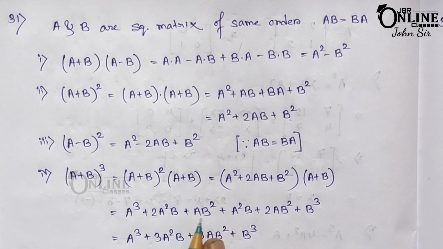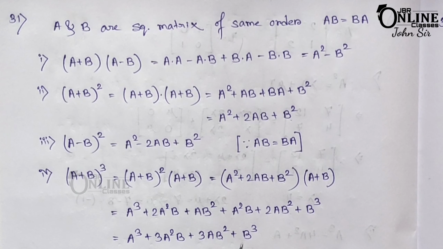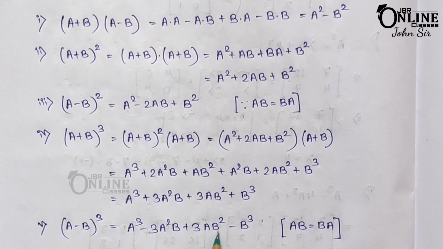And as you know that AB equals BA, here 2A²B and A²B will be 3A²B, and AB² plus 2AB² equals 3AB². So from that you can easily prove this one. And number 5 will be the same as this one, here plus, here minus. So I hope you can solve it.